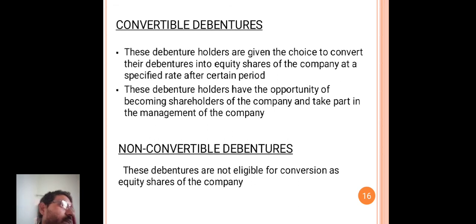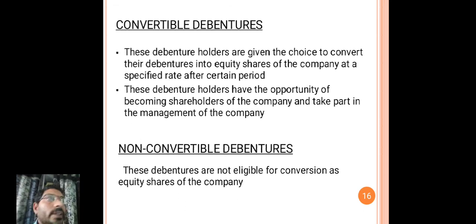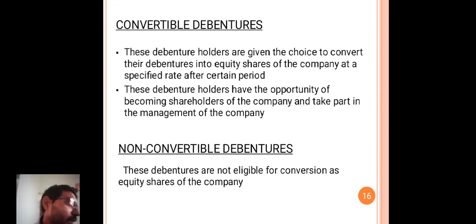Here the convertible debenture holders can convert their debentures into equity shares of the company at a specified rate after a certain period. But in case of non-convertible debentures, they cannot be converted into equity shares of the company.